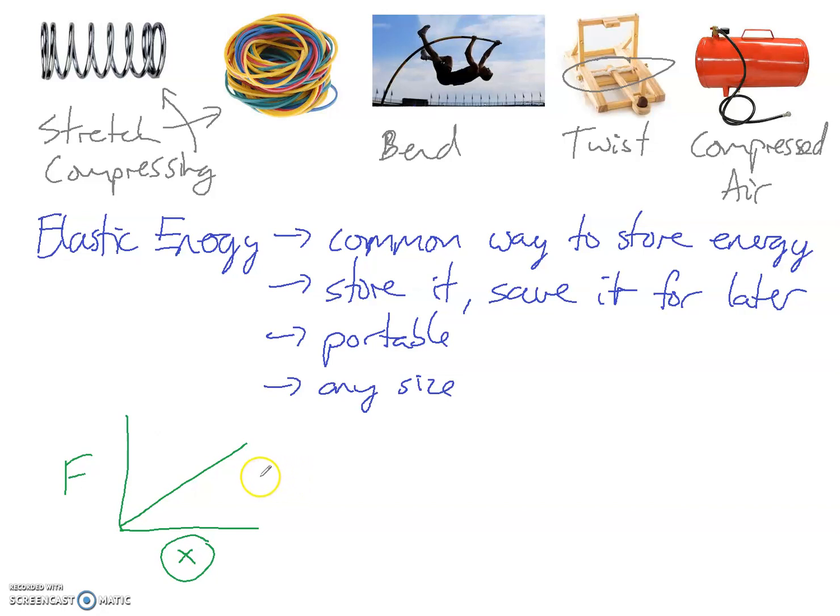So you get a nice linear relationship, and of course the slope is your K value, the spring constant, from that online activity lab. This slope is your spring constant, and it's connected to Hooke's law for springs and elastic devices.